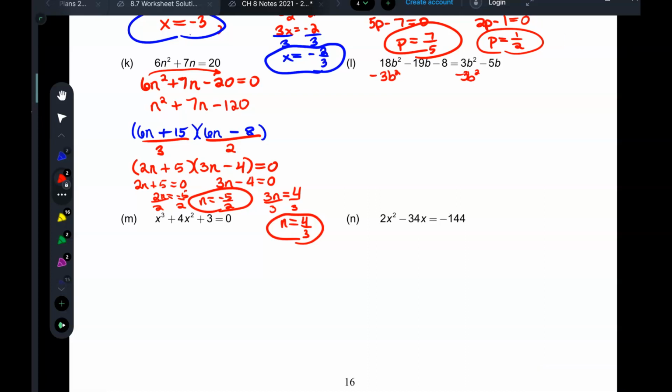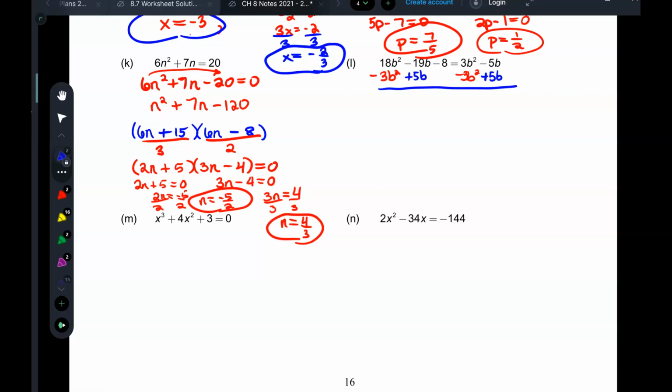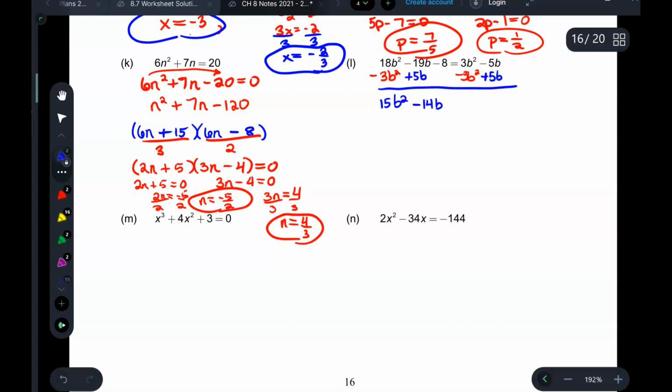So minus 3b squared, and then let's do plus 5b underneath the minus 19b, because I want to get rid of everything on the right side. 18b squared minus 3b squared is 15b squared. And then minus 14b. Minus 1 becomes negative 120.